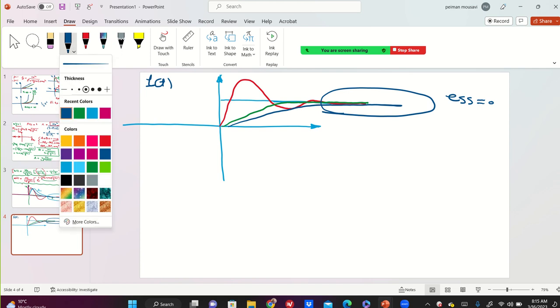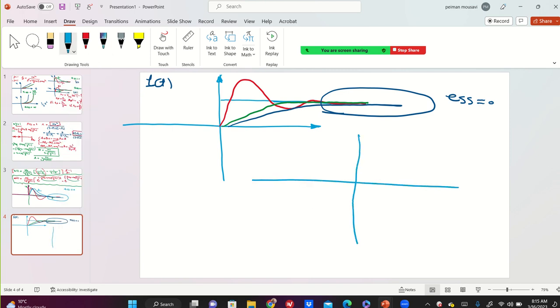Now, if I copy this for the ramp, you're going to see that. I'm skipping the mathematics because it's the same as we did for the ramp.